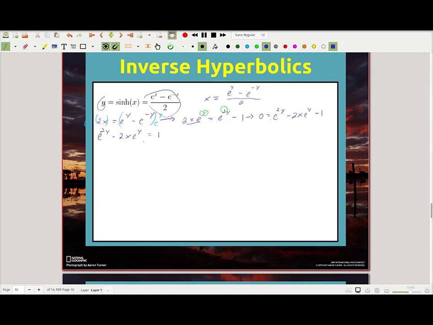Now I need to figure out what to add to the left side to complete the square. If you remember, you take what's in front of the thing you're solving for. So I'm solving for e to the y, and I take this 2x, divide by 2 and square it. I just get x squared. So I am adding an x squared to both sides.